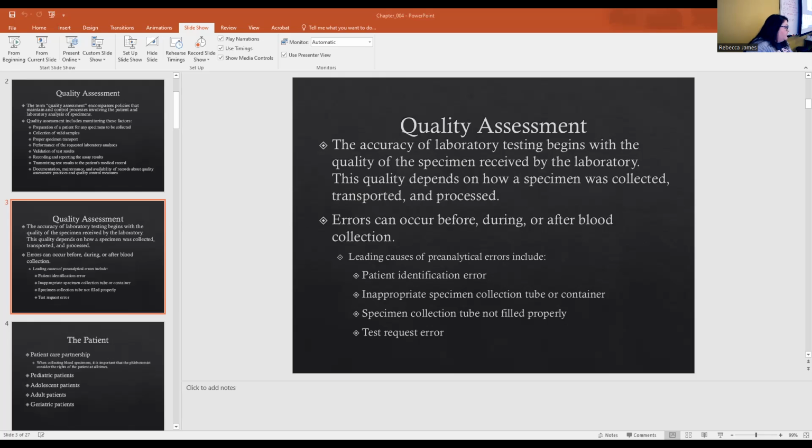Does that make sense? Because it's not making your blood clot. You have too much of it, okay? So if you have too much anticoagulant, then your blood's going to clot more than it normally does. Does that make sense? It's going to take longer to clot. So it's important to have this filled 90% of the way full.